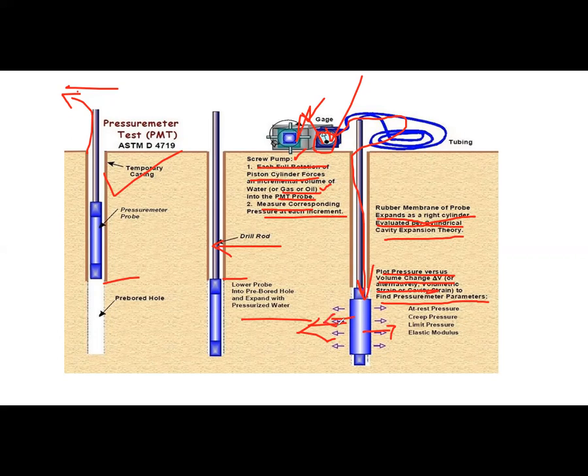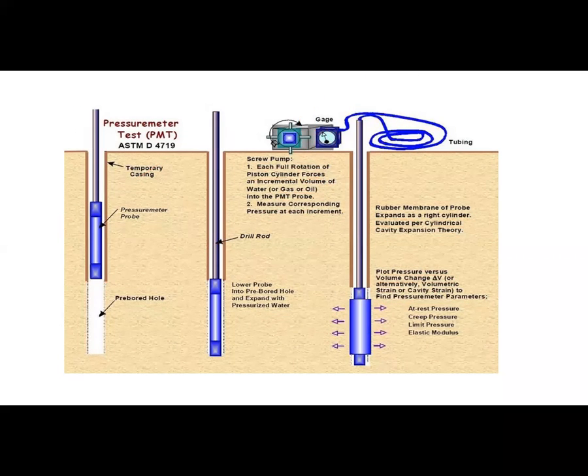If it increases continuously, it means that the soil is in a loose condition. But if it does not increase its size and cause deformation, it means that the strata is hard.